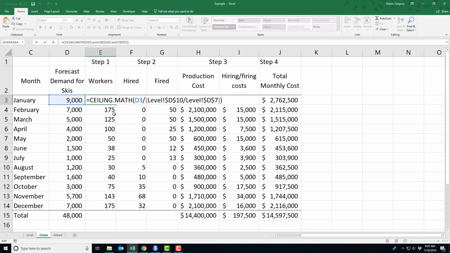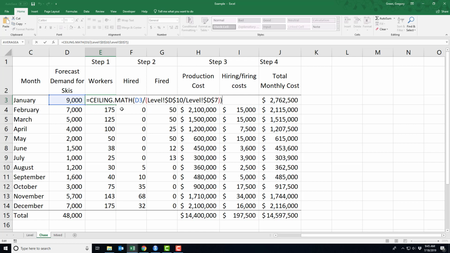Also notice I use this ceiling function. You might want to use round up. It does the exact same thing. But the mathematical function ceiling takes a fraction and rounds it up to the nearest integer. Similarly, the mathematical function floor takes any number and rounds it down to the nearest integer.